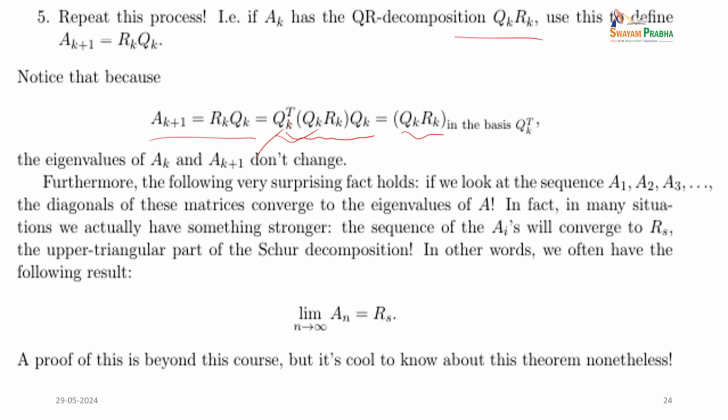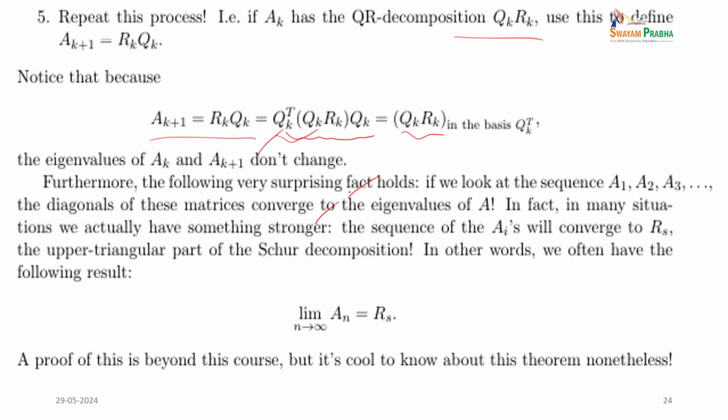Further, the following very surprising fact holds good. If you have a sequence A1, A2 and so on, the diagonal of the matrix converges to the eigenvalues of A. In fact, in many situations, we actually have something stronger.